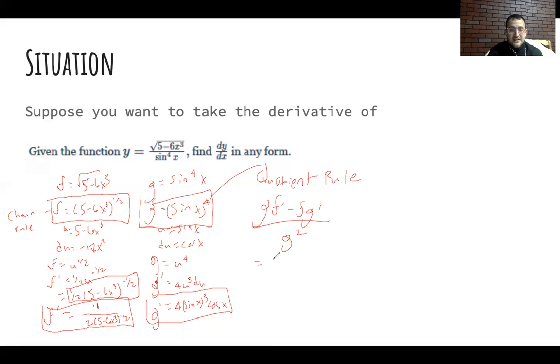Let's see, so my g is going to be sine 4th x. My f prime is going to be 1/2 times 5 minus 6x cubed to the negative 1/2.